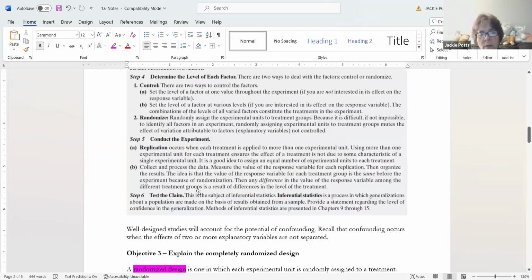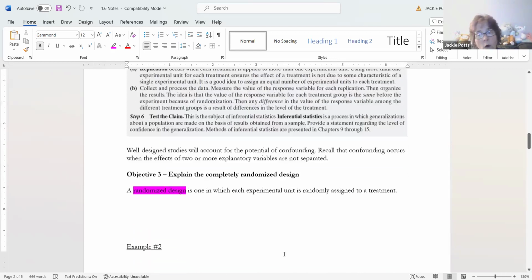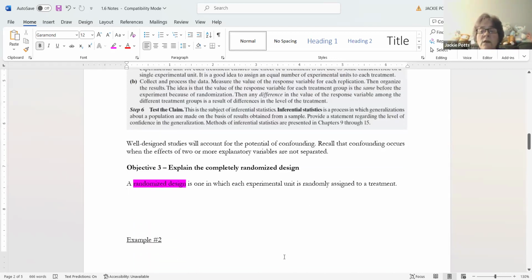But remember what I say up here? Randomize. We do randomized design all the time because we want everything to be above board as possible. We don't try to, in honest statistics, let me phrase that correctly, we don't try to tilt the scales purposely.